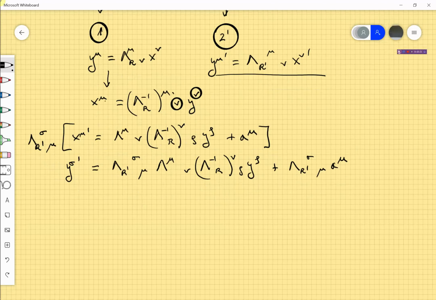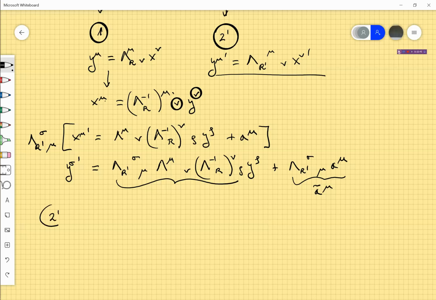This is just a product of Lorentz transformations, so it will be some other Lorentz transformation. And this is a matrix times a vector, so this is another vector that we'll call a tilde mu. Now the third operation is that we go from 2 prime to 2 double prime, defining y mu double prime as y mu prime minus a tilde mu.